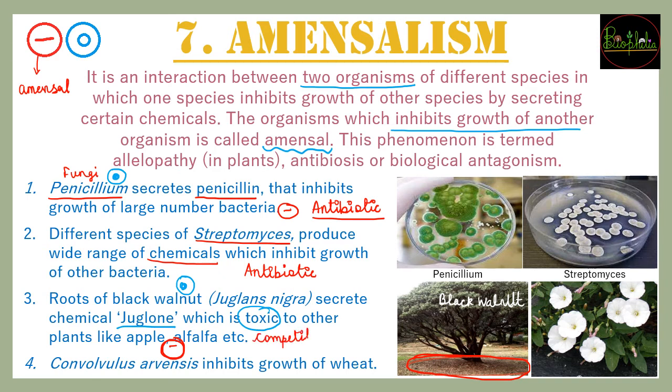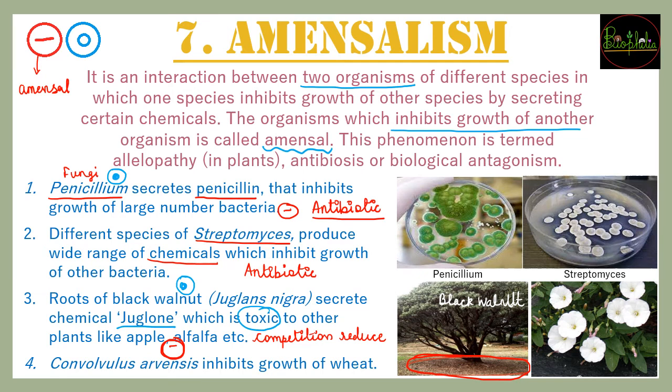Because if there is no other plant nearby, what will happen? Whether it is nutrients or water, it will not have to participate in competition for them. All the water and nutrition around this tree will be used only by the black walnut. So for that reason these chemicals will be released.